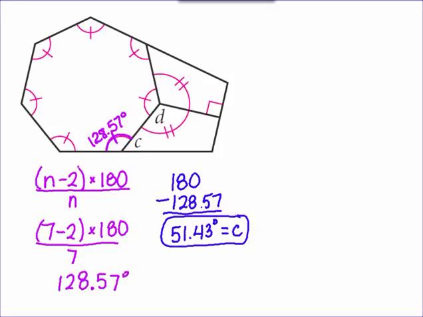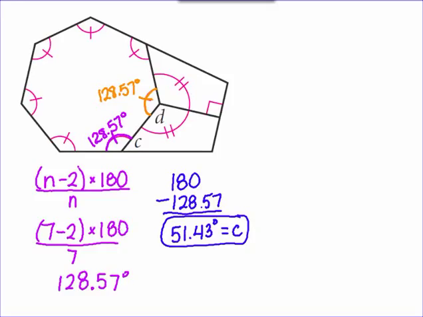So now how do I go about finding D? Yeah. We know that the angle right before there is 128.57. Right. And the circle is 360. Good. You can take that from 360, then divide your answer by 2.